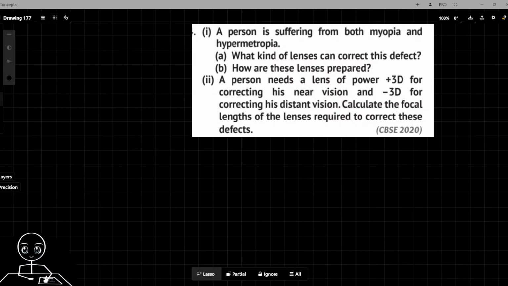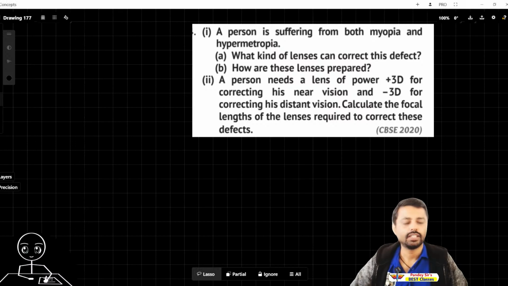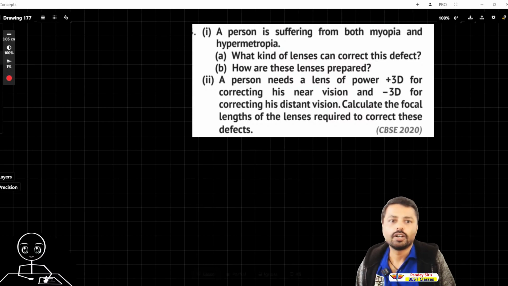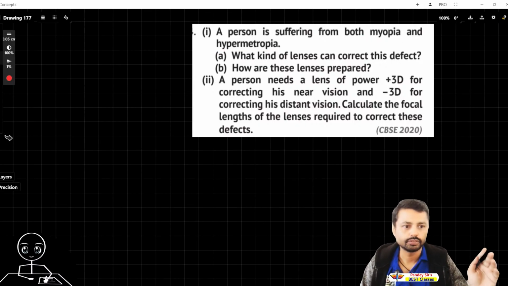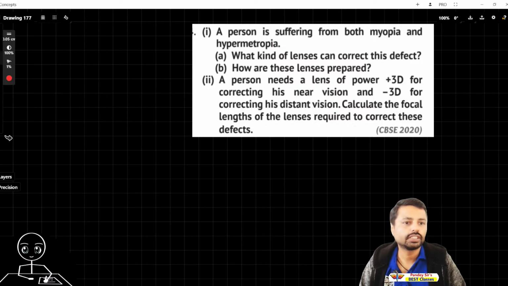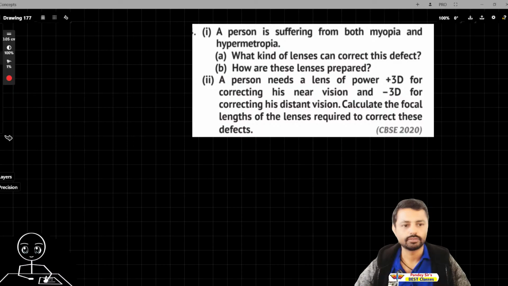See, in this question, they are asking: a person is suffering from both myopia and hypermetropia, meaning presbyopia. What kind of lenses can correct this defect? How are these lenses prepared? So these are bifocal lenses.